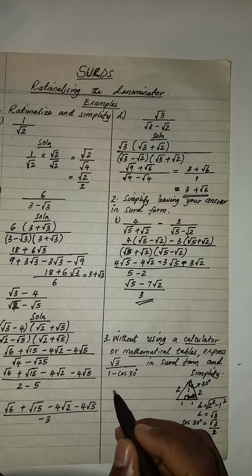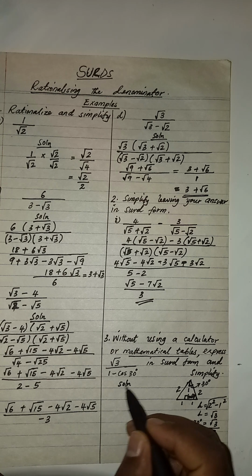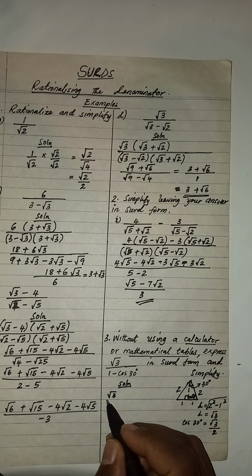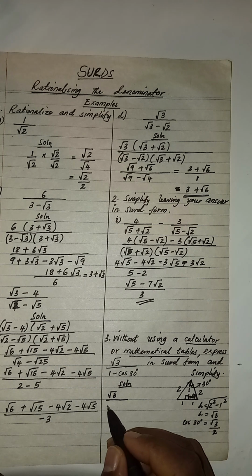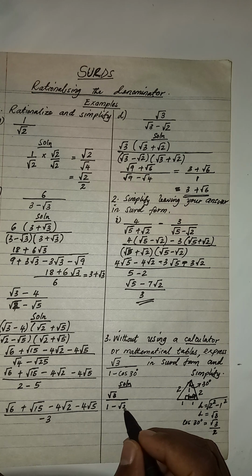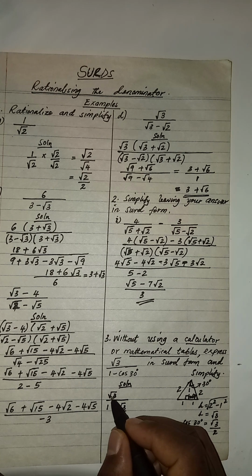Therefore the trigonometric ratio of cos 30 is root 3 over 2. So you can substitute here and say that this gives us root 3 all over 1 minus root 3 all over 2.